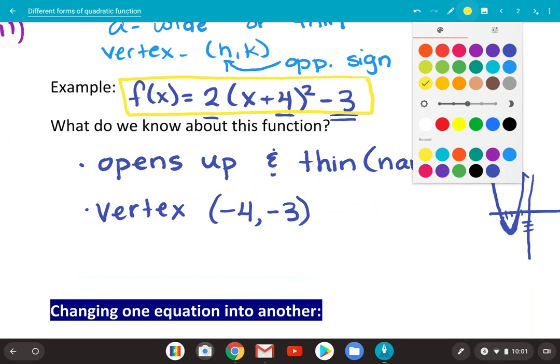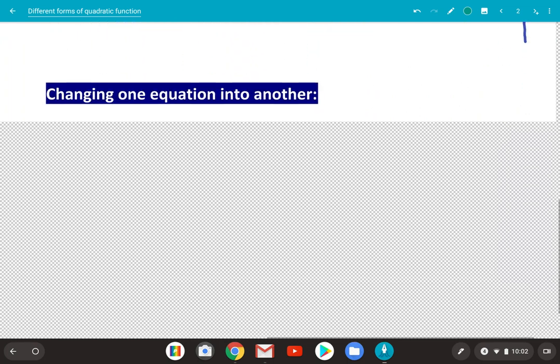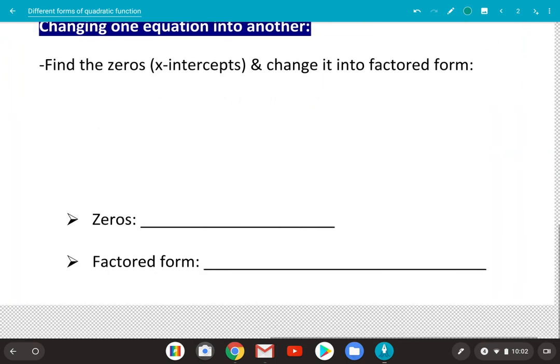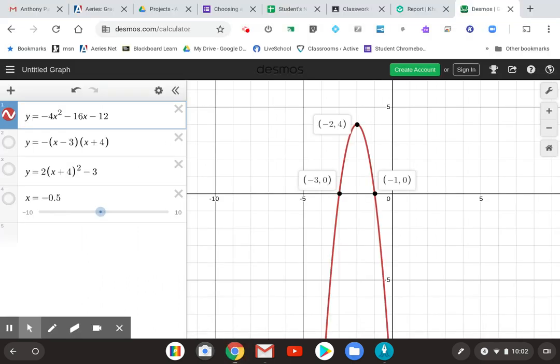What we want to do is change it into another equation. So this time, we're going to change it into our factored form. So factored form, we need to find out where it crosses the x-axis, and I've done that on Desmos.